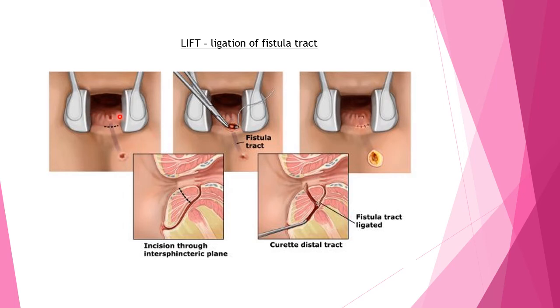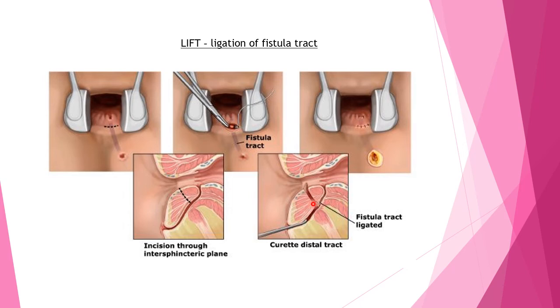Okay, the anus is dilated, the submucous incision is made, and is extended into the intersphincteric region to expose the fistula tract, as it opens into the anal canal here. In this incision, you look for the intersphincteric tract here, which enters into the anal canal.